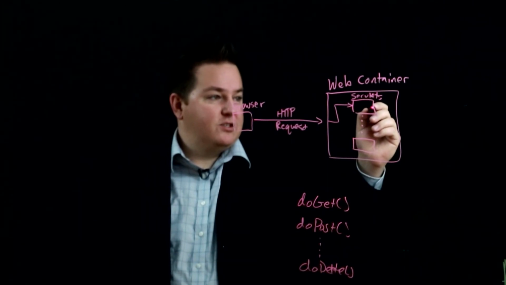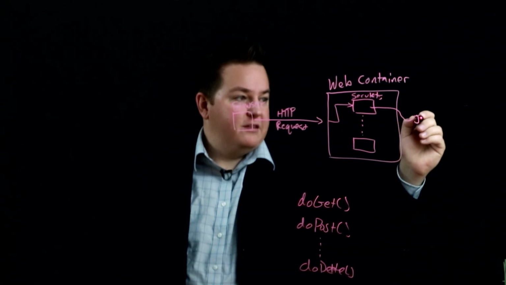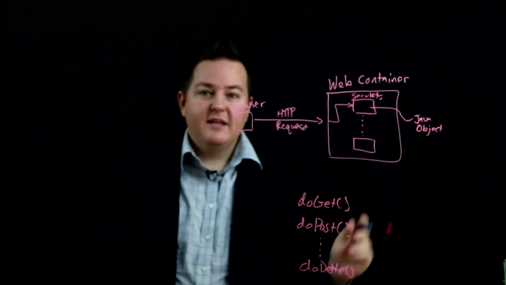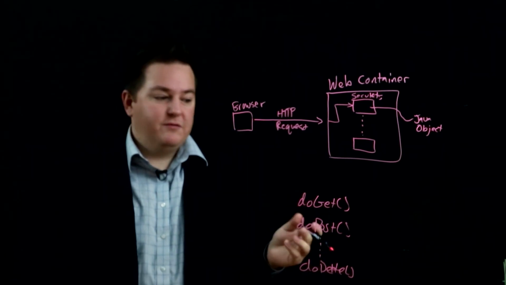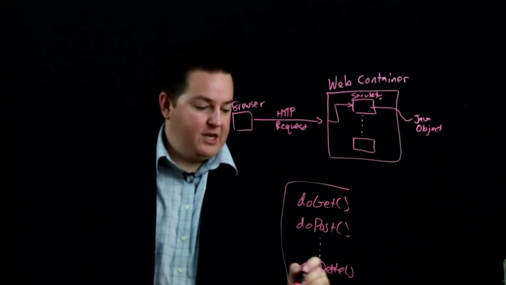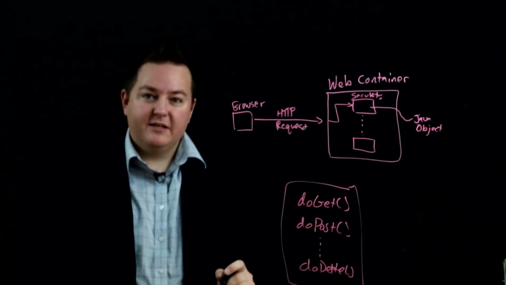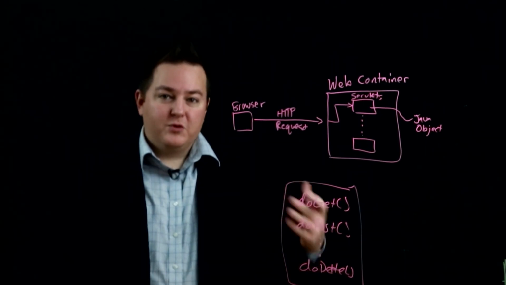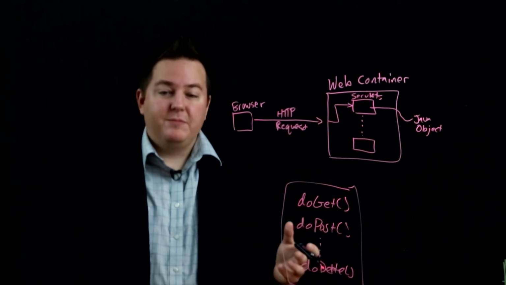So this servlet is nothing more than a Java object that inherits from servlet and has implementations of the various request handling methods that correspond to the various HTTP request methods.